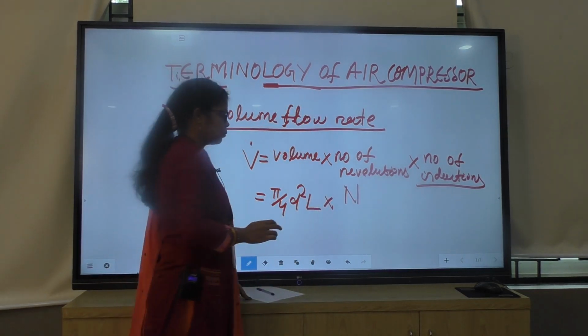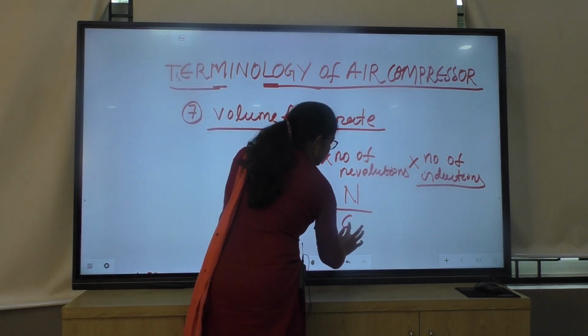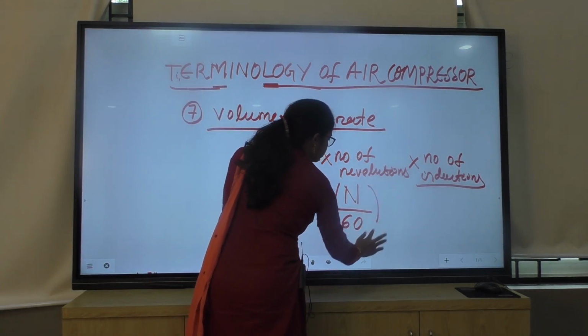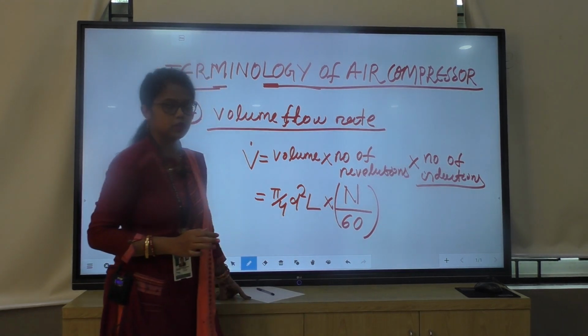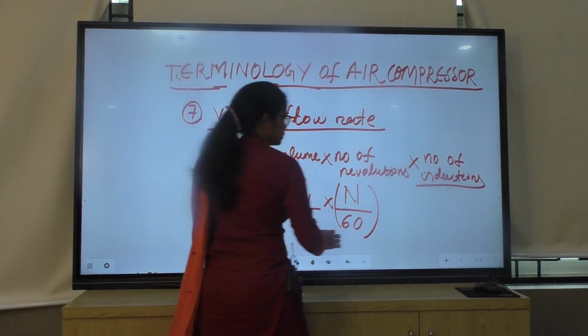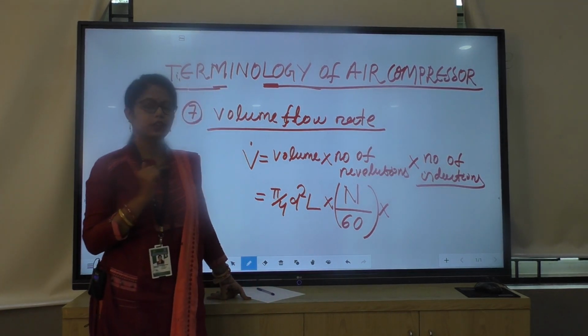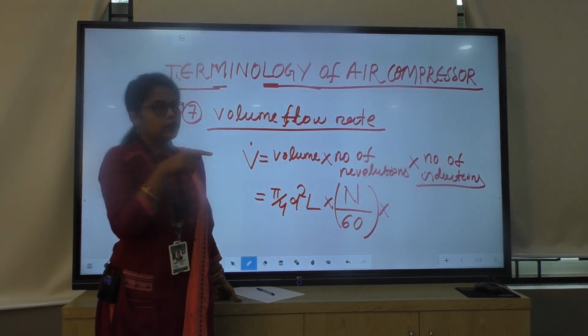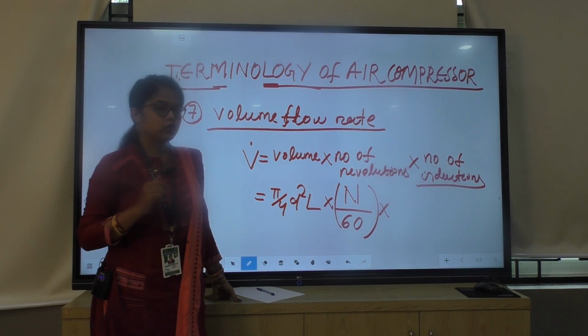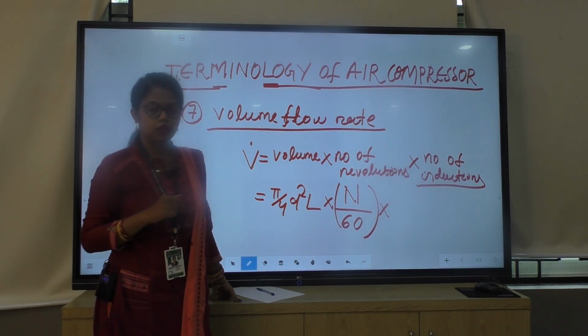So, for n revolutions you can divide it by 60 because revolutions per minute. So, n by 60 into number of inductions. What do we understand by number of inductions? Initially, in the first terminology I told you single acting and double acting.